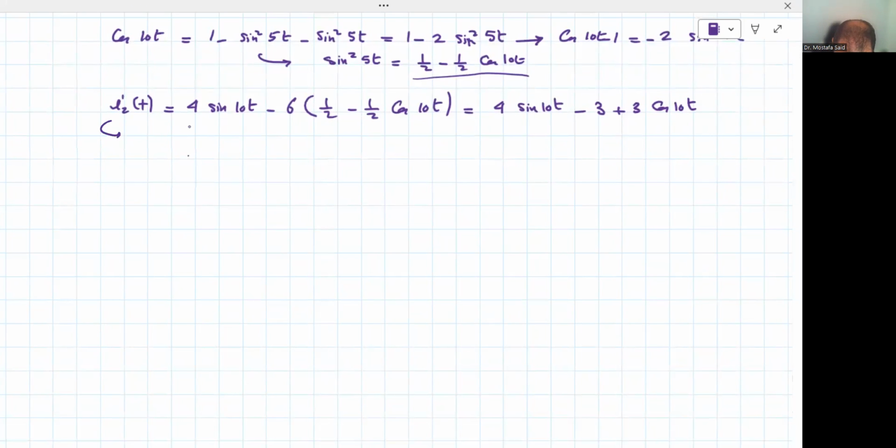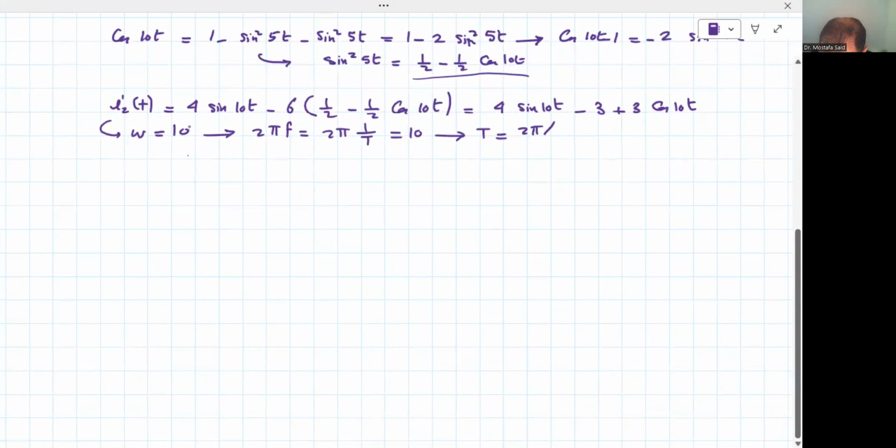So omega here equals 10. So 2 pi f equals 2 pi times 1 over T equals 10. So T is equal to 2 pi over 10. Good. So I2 RMS.